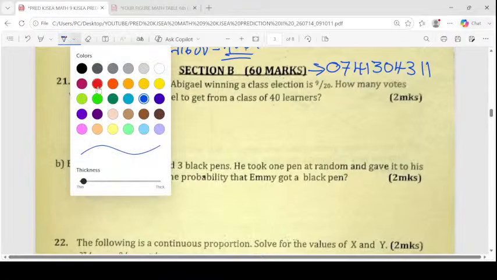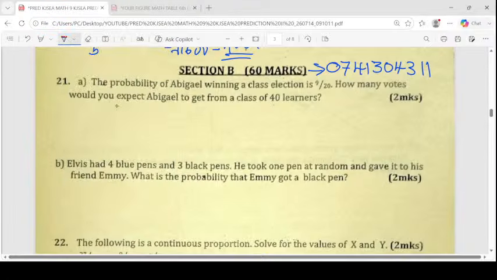So I'm going to take 9 over 20 and multiply this by 40. This exactly tells me Abigail is going to get 18 votes. From that particular class, Abigail will be getting 18 votes.